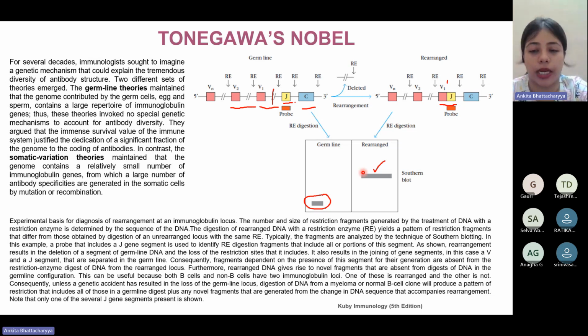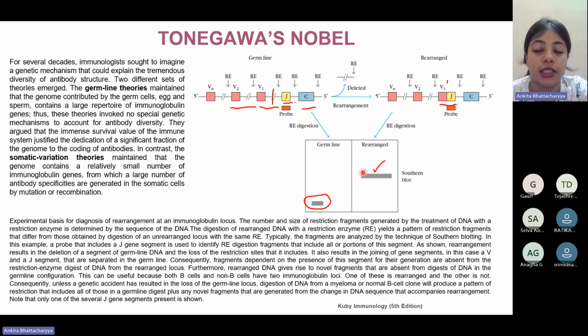Typically, the fragments were analyzed by the technique of Southern blotting. In this example, a probe that includes a J segment is used to identify restriction enzyme digests that include all or portions of the segment. As shown, rearrangement results in the deletion of a segment of germline DNA and the loss of the restriction sites that it obviously includes.